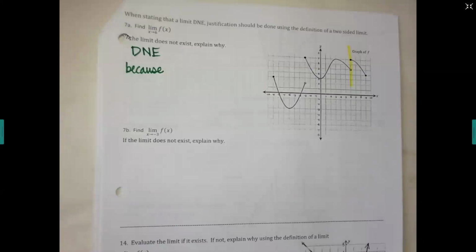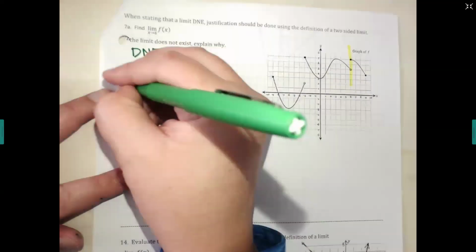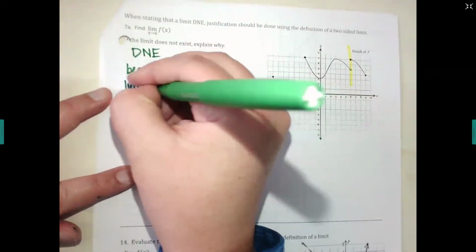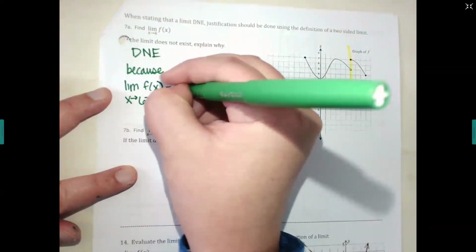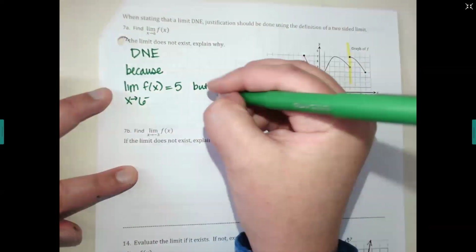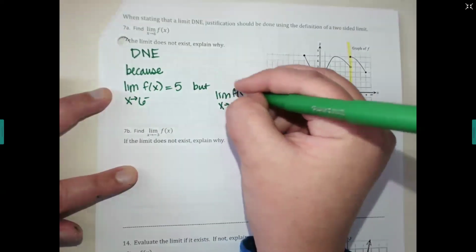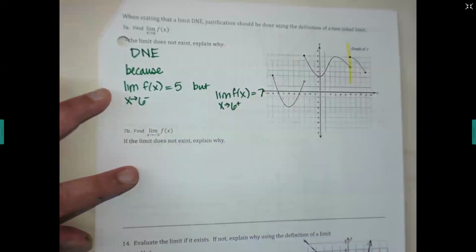Then you just have to say that, but you have to use calculus notation. So you would put my limit as x approaches 6 from the left is 5, but my limit as x approaches 6 from the right is 7.